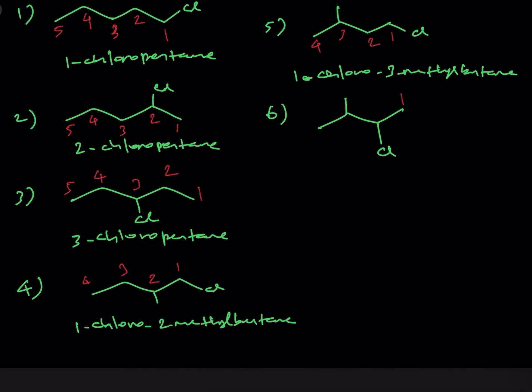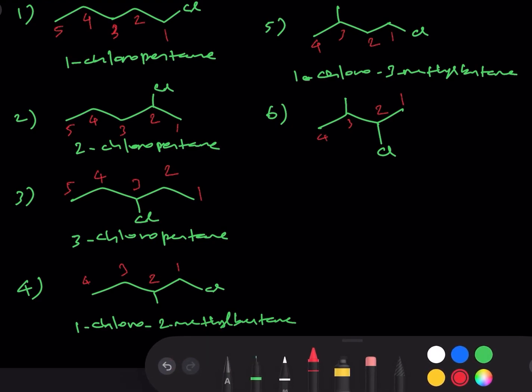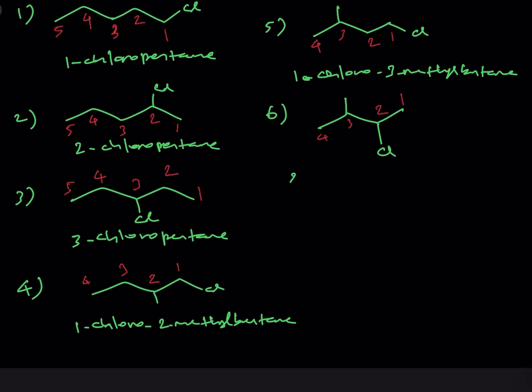Let's do the numbering. 1, 2, 3, 4. So we have 2-chloro-3-methylbutane. You might think that we can number it the other way around. We should not do that, because we have to get the lower number for the chlorine as per the alphabetical order.